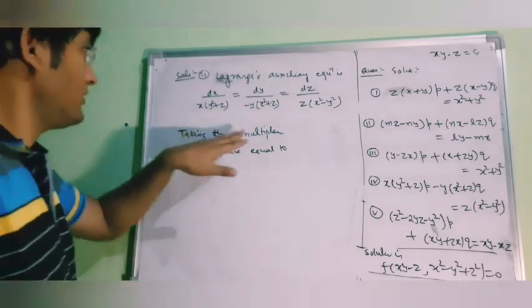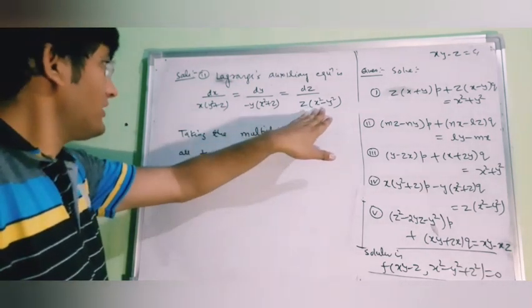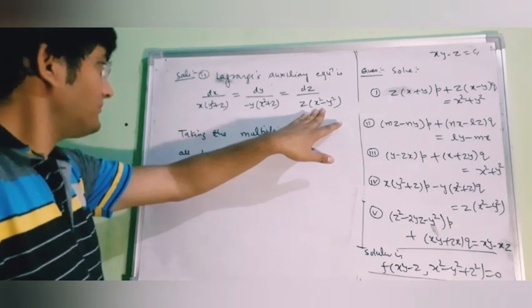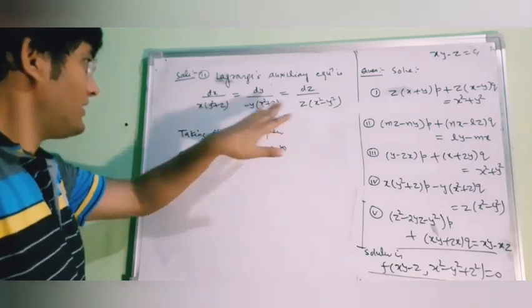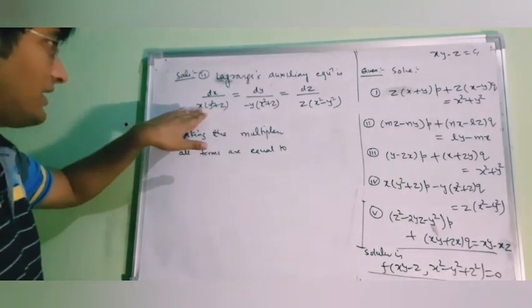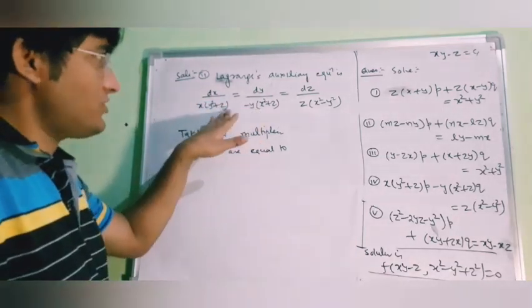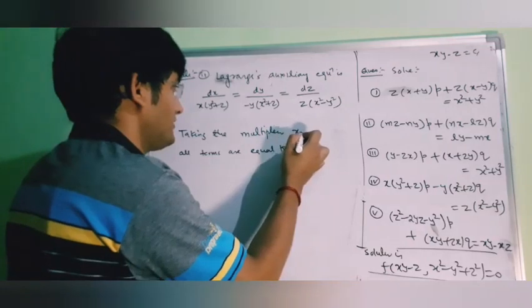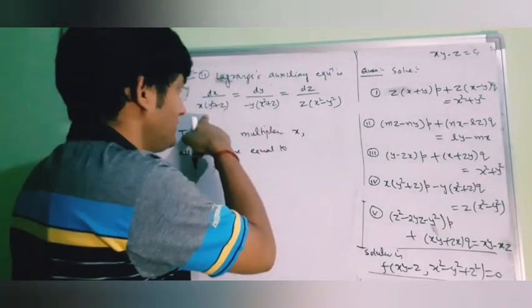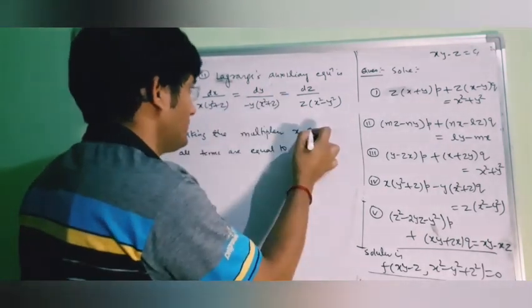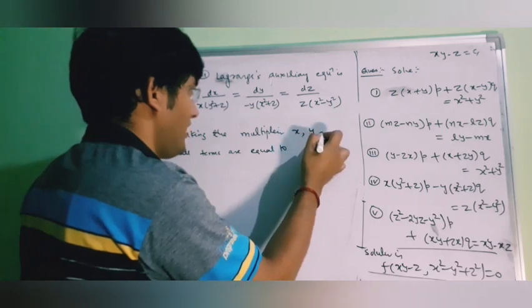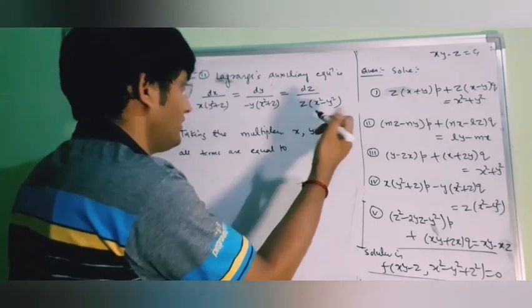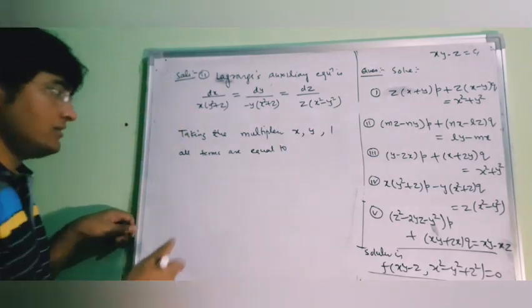As you can see that here we are getting x square minus y square. So one possibility is that multiply this term by x and this term by y and try to subtract. So if you take multiplier as x in this case, y in the second case, and 1 say in the third case, then let us see what happens.